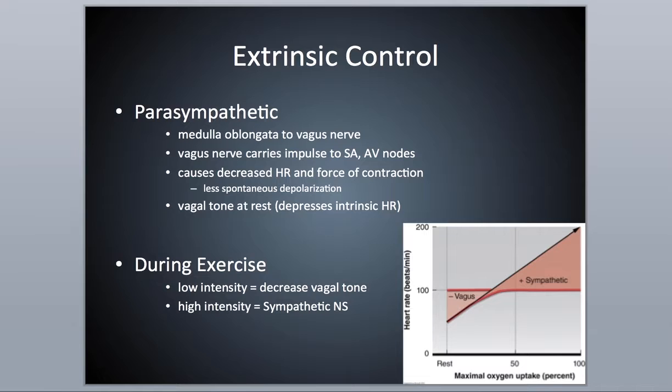So we're decreasing the amount of stimulation coming from the vagus nerve, and you can see that depicted in the figure here. Now, during higher intensity exercise, getting above 50% of your max, the increase in heart rate is going to be due to the sympathetic response.